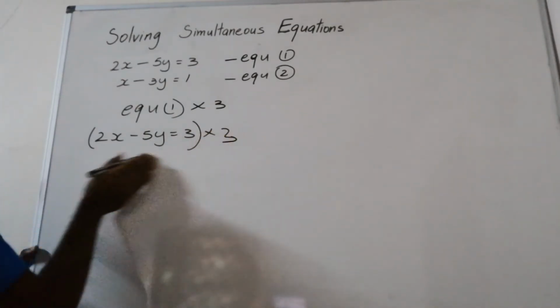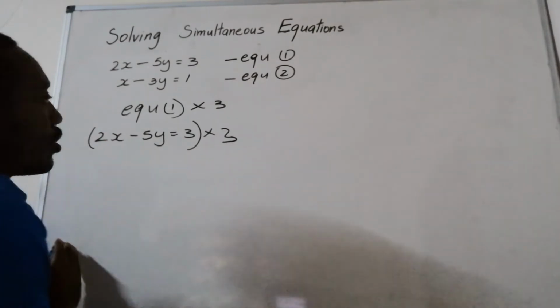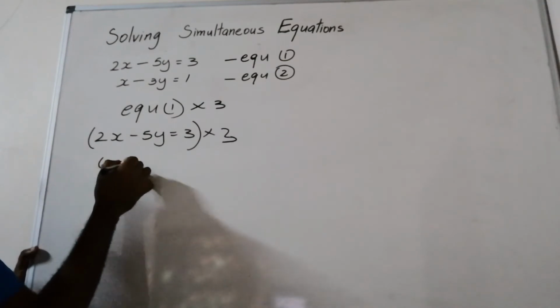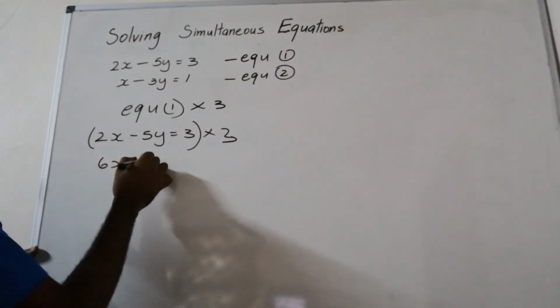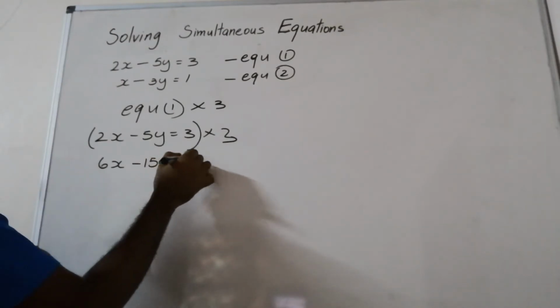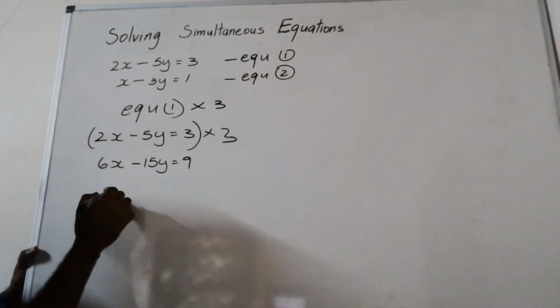So we multiply everything here by 3. So we'll have 6x take 15y is equal to 9.